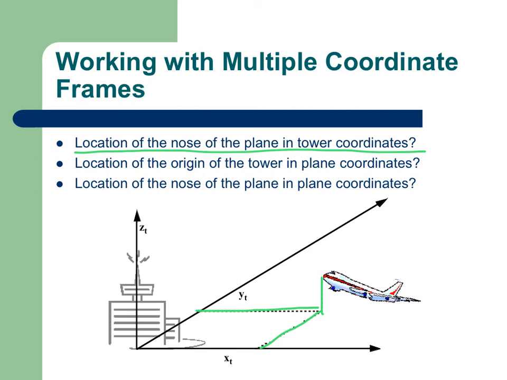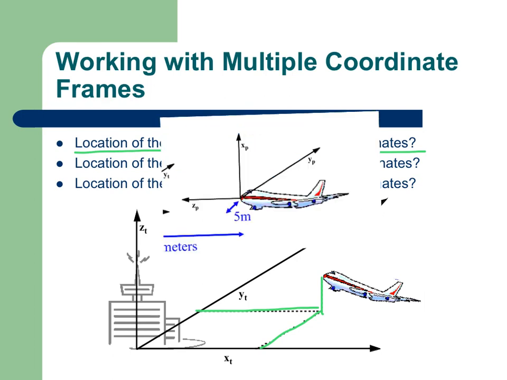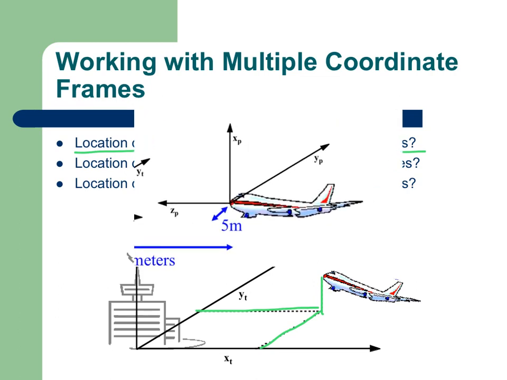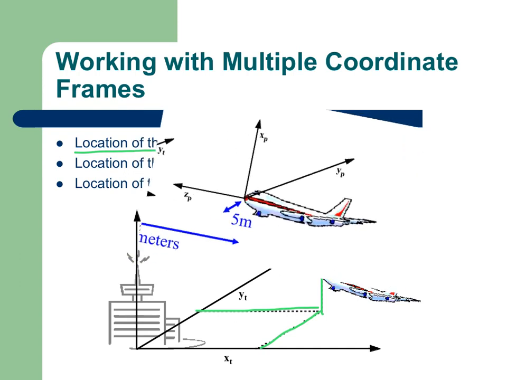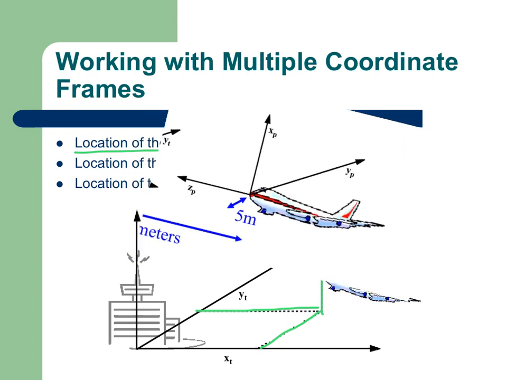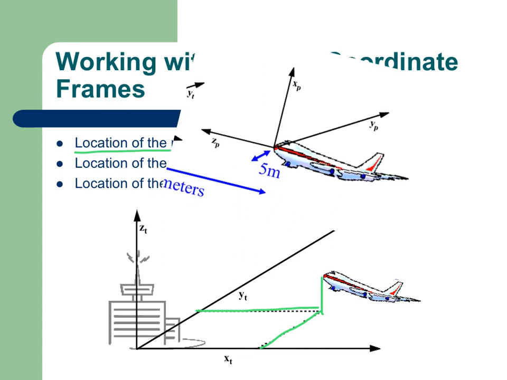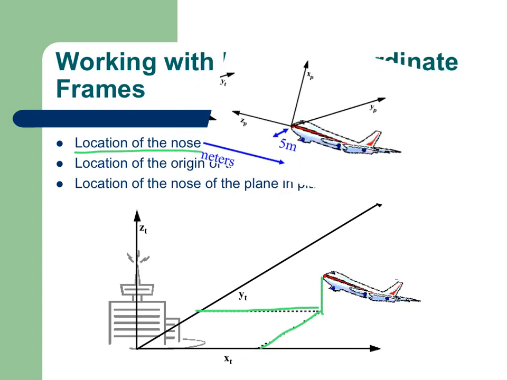Similarly, if we want to know the location of the origin of the tower in plane coordinates, here's a reminder of what our plane coordinates were when our plane was nice and horizontal, and now our plane has tilted up a bit. You can see it gets a little bit yucky when we're drawing this, because now the x-axis is tilted back a little bit.